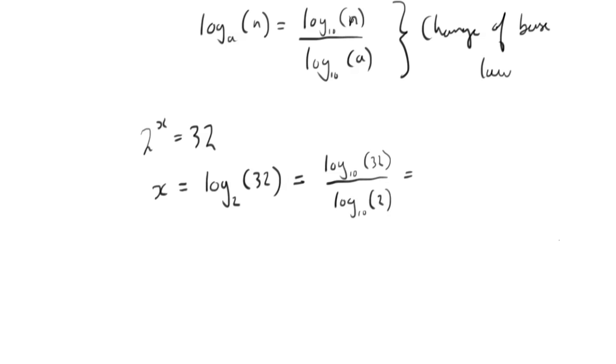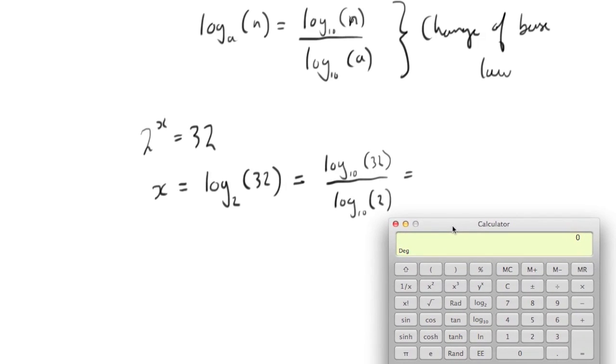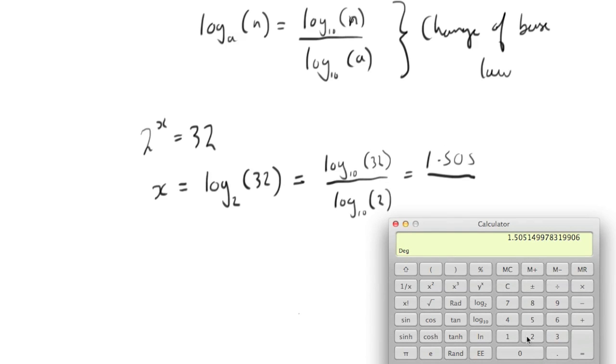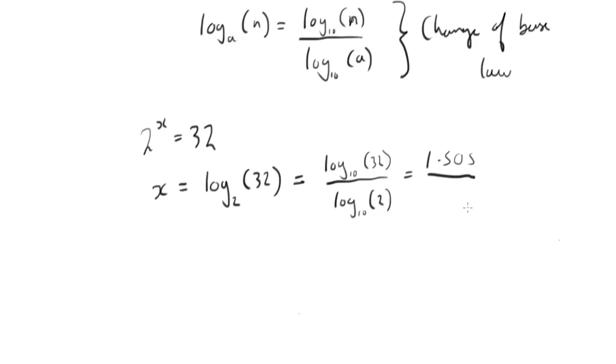So if I bring in the calculator again, I know this particular calculator can calculate log to the base 2, but I'm just going to demonstrate it. So 32 log to the base 10 is 1.505. So we'll have on the top 1.505, and on the bottom, log of 2 to the base 10 is 0.301.